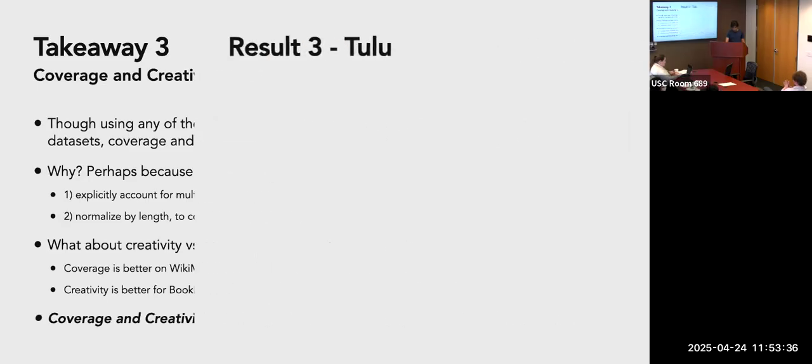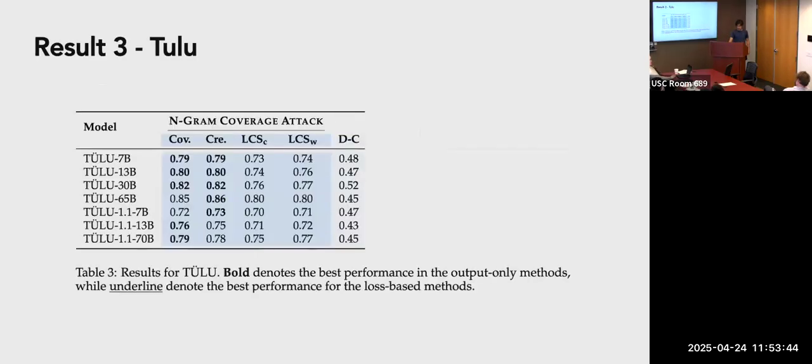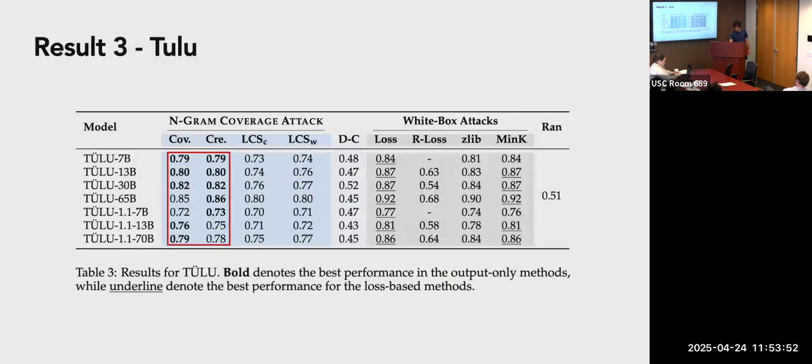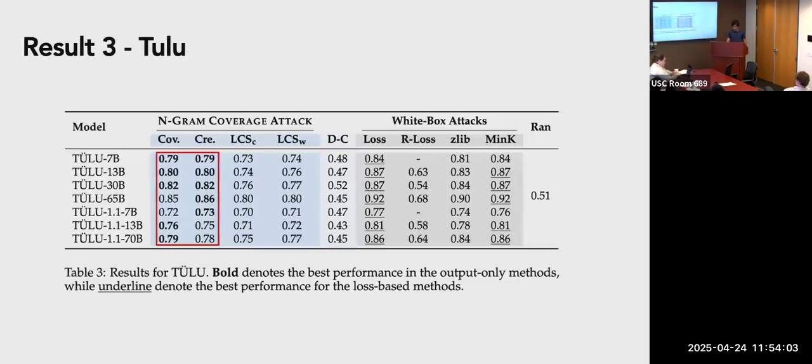Okay. So finally, I'll go into our interesting side result, or not side result, but a different kind of approach. We have this result for Tulu, where we have coverage and creativity, again, prevailing and being very strong. Again, we have the same takeaway where we're very close to the white box attacks performance, and then we're better than decouple.